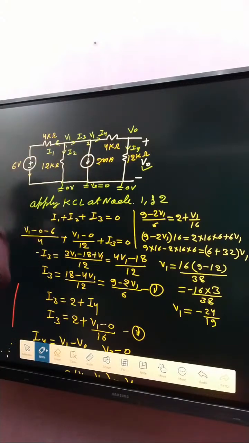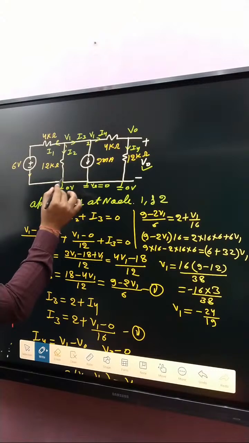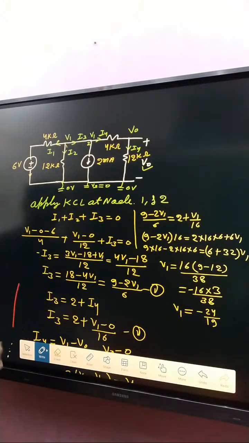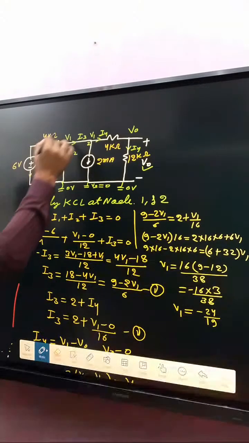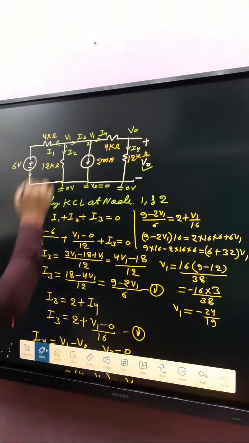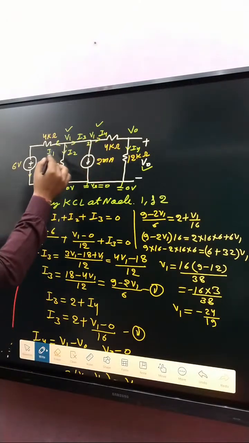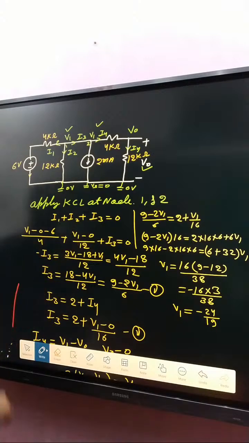Because no source is connected between those two. And that one is V naught. If this one is taken as the reference node, next apply KCL at that node. I1 plus I2 plus I3 is equal to 0.